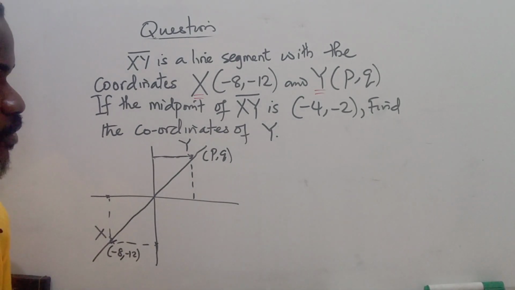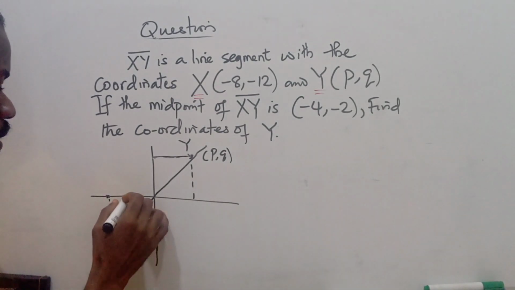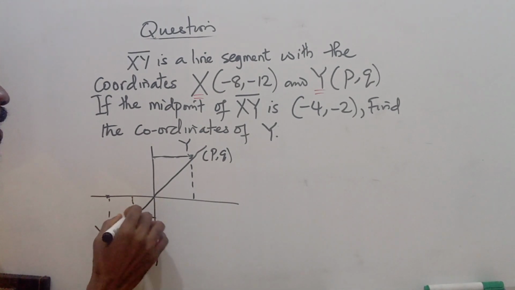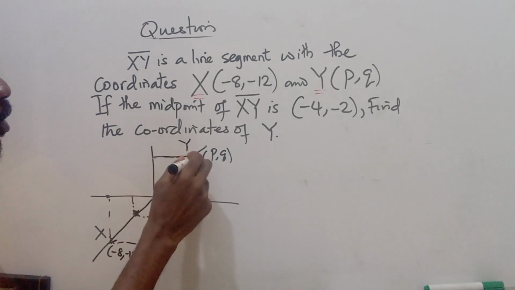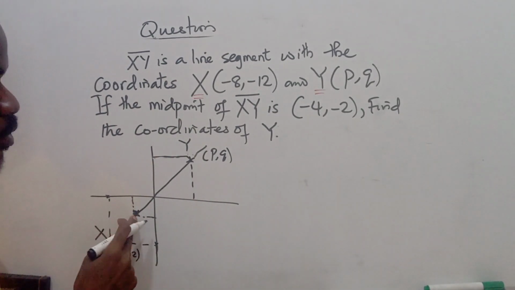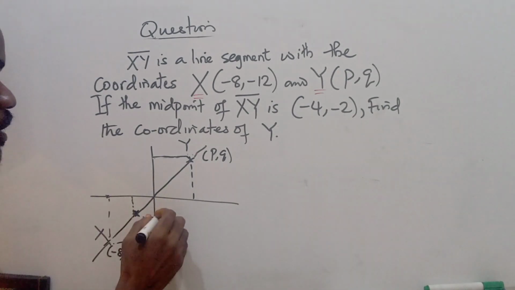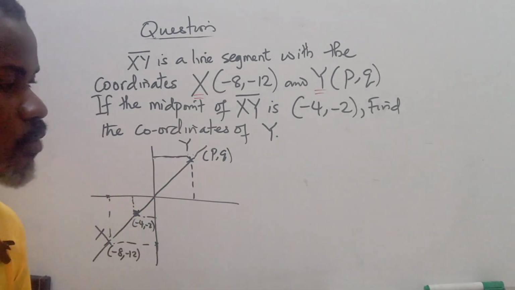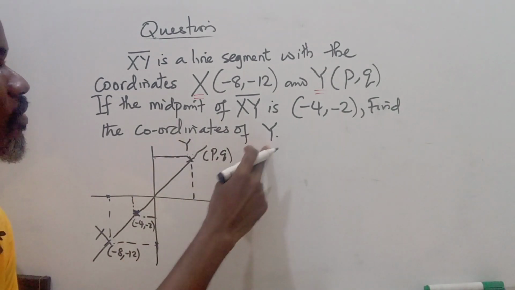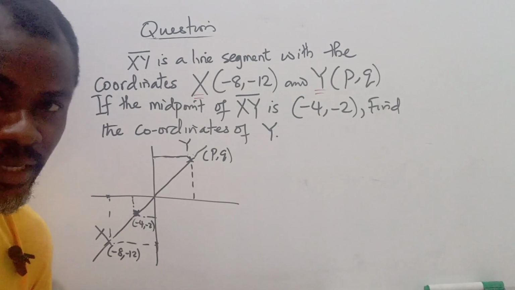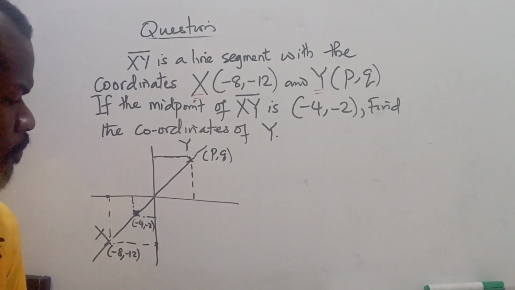So our midpoint of XY is, let's say, this is the point where we have it. Somewhere here is the midpoint of these two points, X and Y, which is at (-4, -2). The question now says we should find the coordinates of Y, that means the values of P and Q. So how do we solve this question?